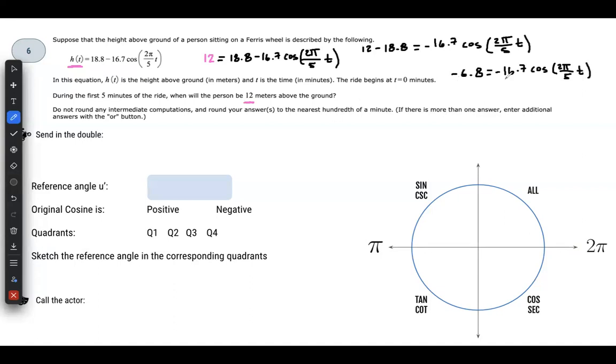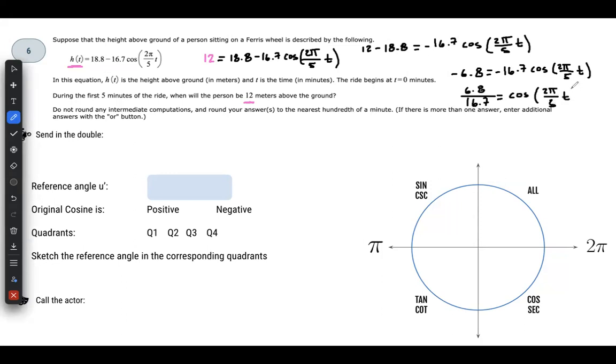And finally, we're going to divide. It's going to be minus 6.8 over minus 16.7. So that ends up as positive 6.8 over 16.7 equals the cosine of 2 pi over 5t.